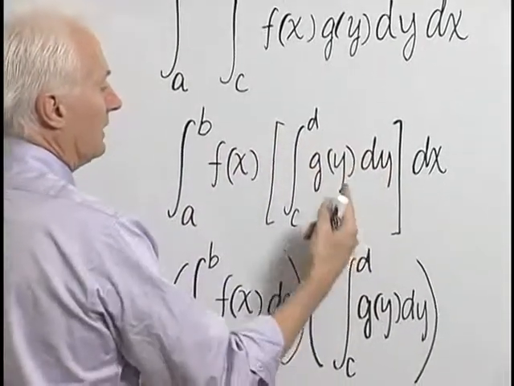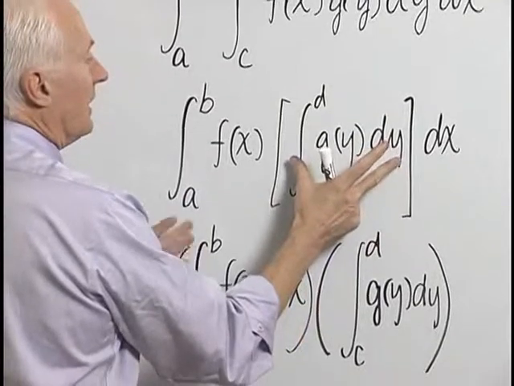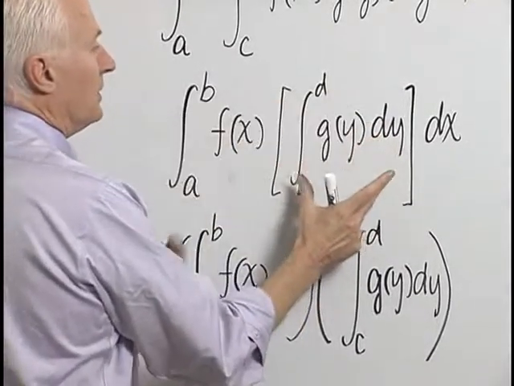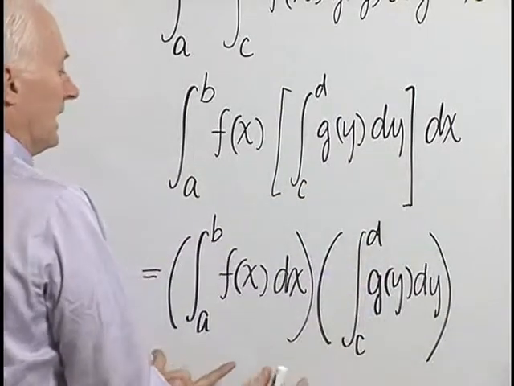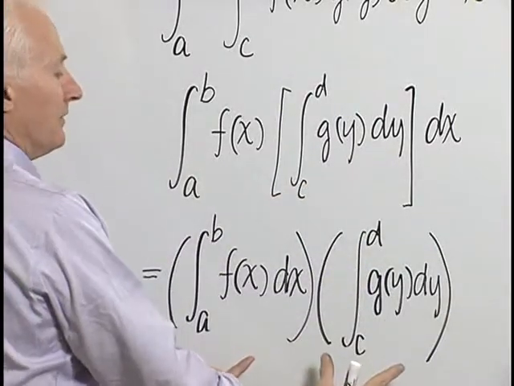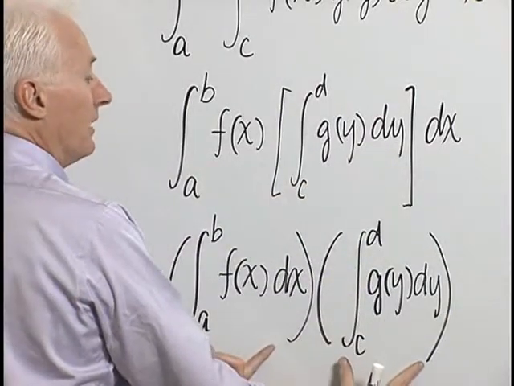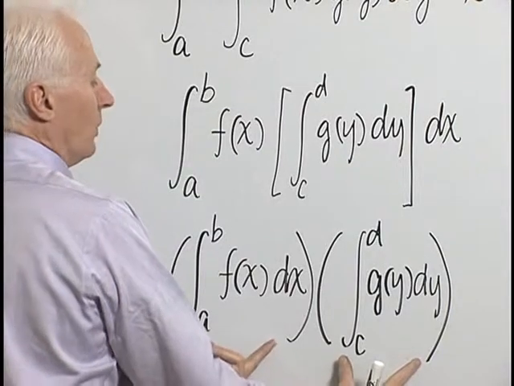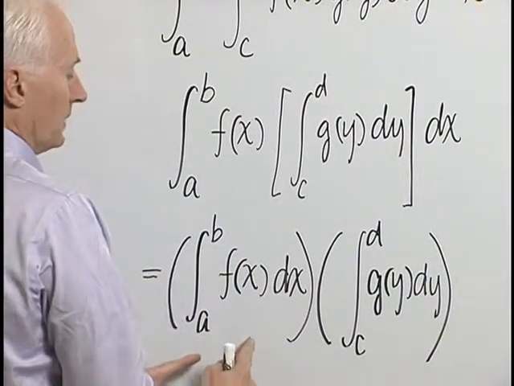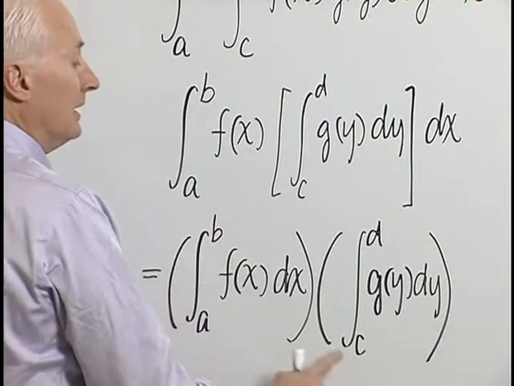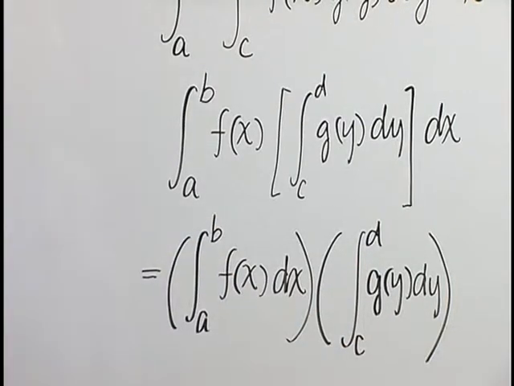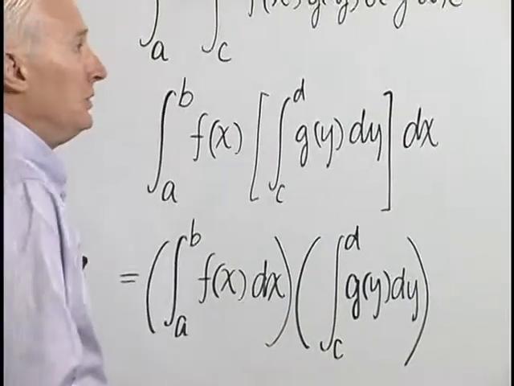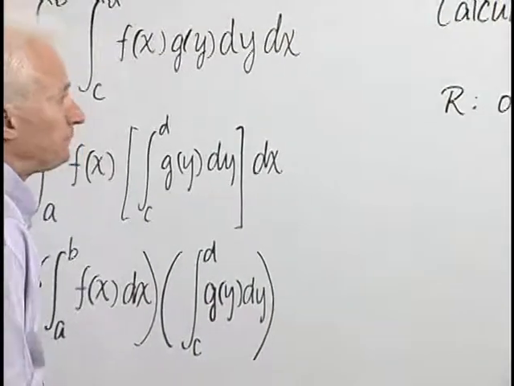In fact, it's just a number, so it is a constant for the integration with respect to x. It can be pulled out completely, and so the iterated integral, in fact, reduces to just a product of two ordinary one-dimensional integrals. In other words, you integrate f of x from a to b, and you integrate g of y from c to d. Well, let's look at an example how we can use this to advantage.